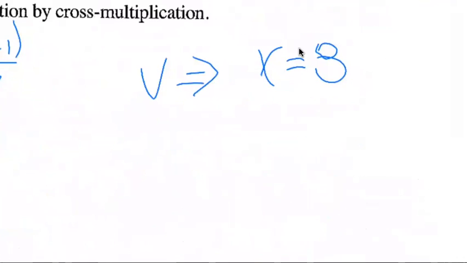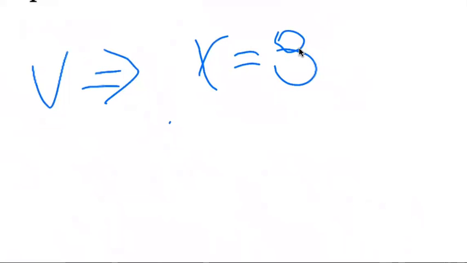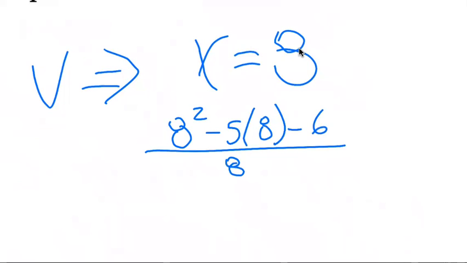It's gone. So the only thing I need to verify is that x equals 8. So I go back to my original equation. 8 squared minus 5 times 8 minus 6 all over 8 plus 1. I want to see if that is going to equal 2.